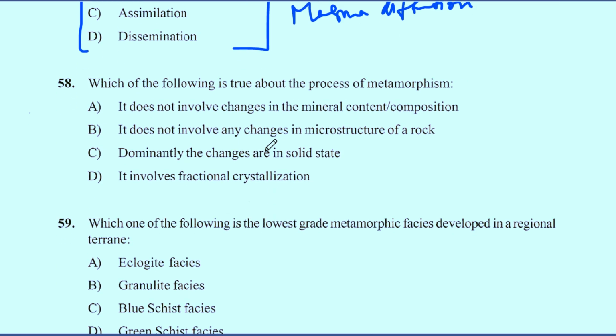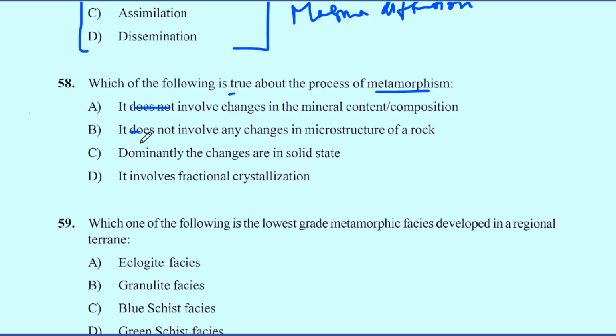Okay. Next question is, which of the following is true about the process of metamorphism? The first option is, it does not involve change in mineral content or composition. No, it involves it. Next option, it does not involve any change in microstructure of the rock.